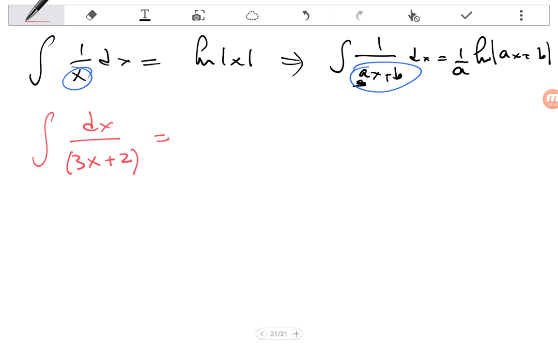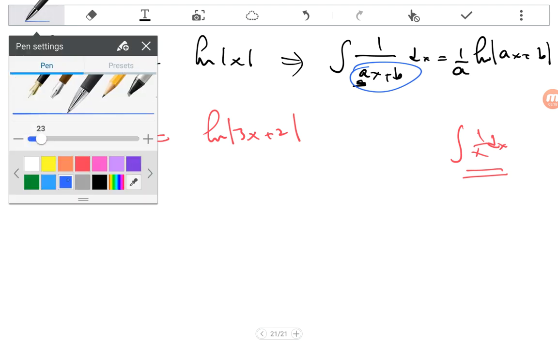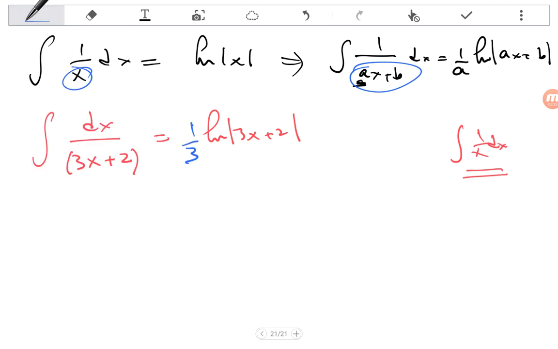It took the place of x in 1 over x. So it reminds me of this rule. What is the result of this rule? Yes, that will be ln of absolute 3x plus 2, but I divide by 3. Yes, I remember to divide by 3.